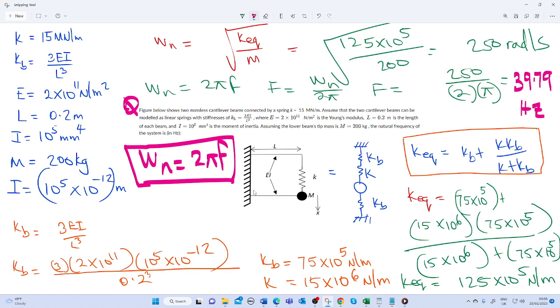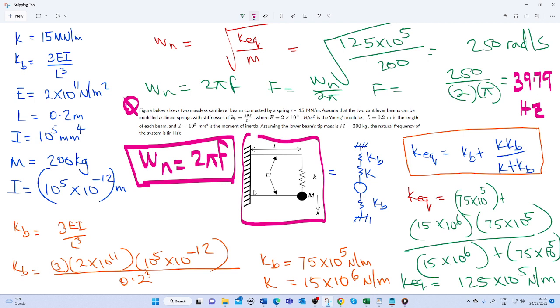Once again, we have to calculate the natural frequency of the system. Now, how do we approach this particular question? First of all, we're given the schematic above here.